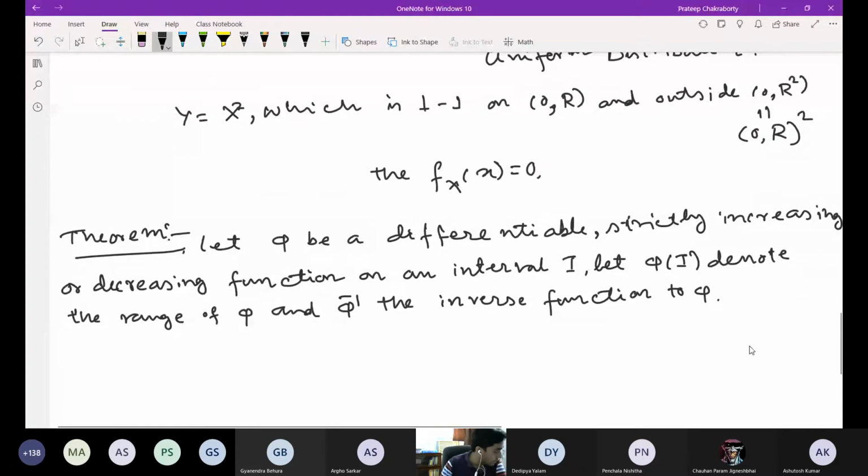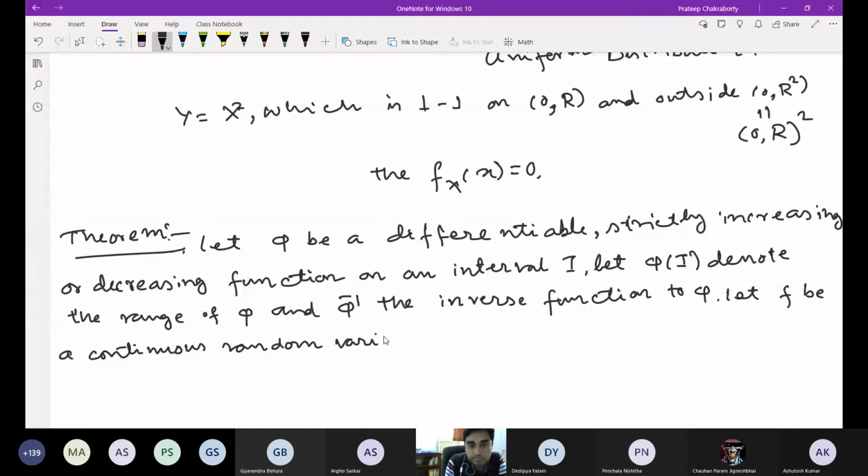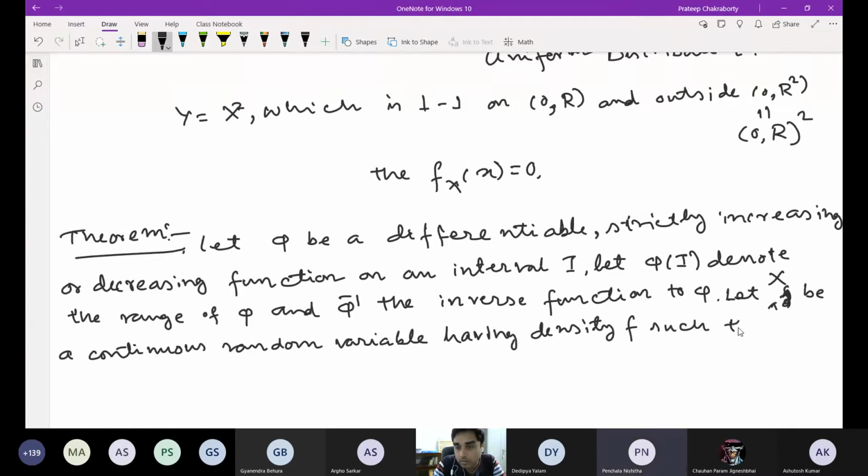Let x be a continuous random variable having density function f, such that f(x) equals 0 for all x not belonging to I.